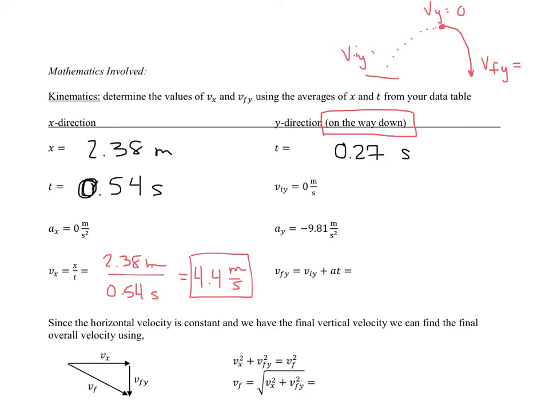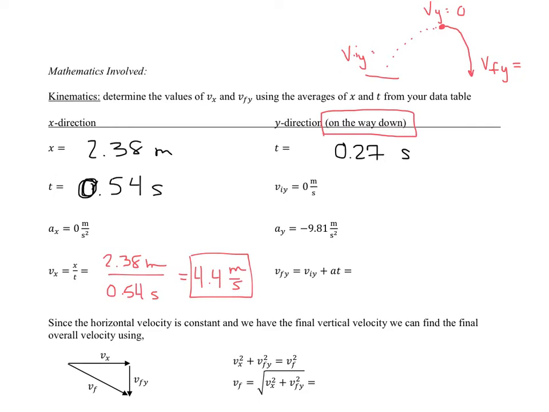Now, it takes that much time for the object to hit the ground from the top of its path. We know the velocity at the top of the path is 0, because it does pause up there at the top for an instant. And then it starts to become negative, negative, negative velocity until it hits the bottom. Our goal is to find out the velocity on impact. Okay, Vfy.